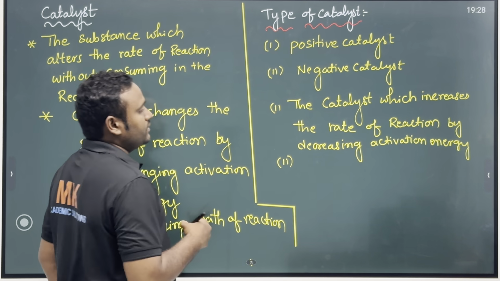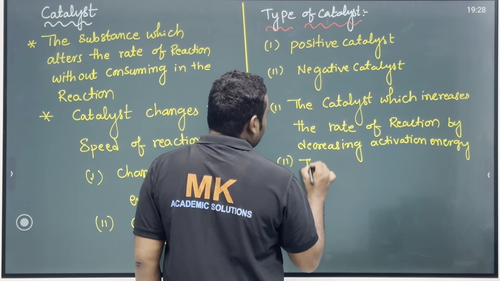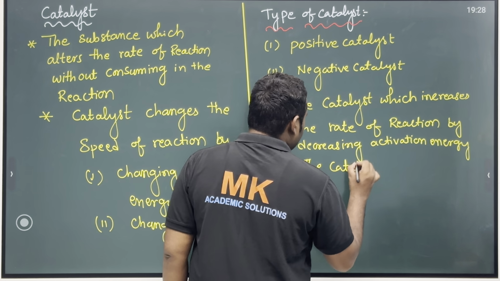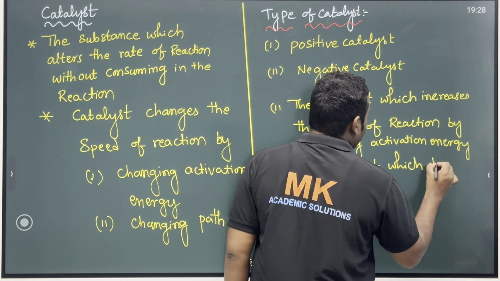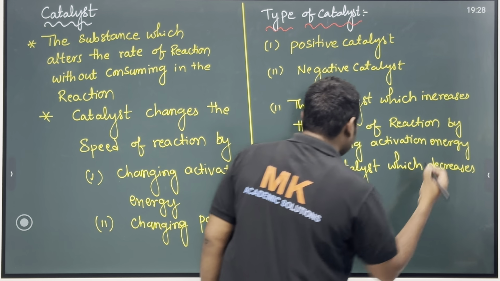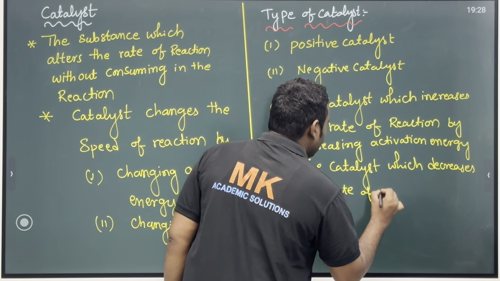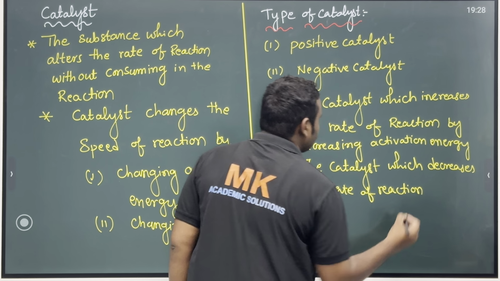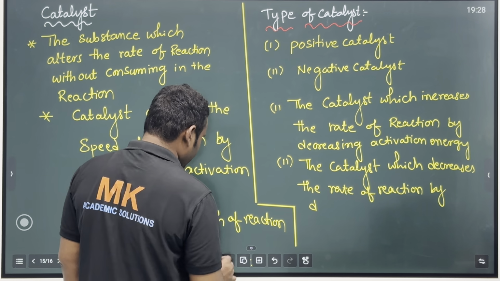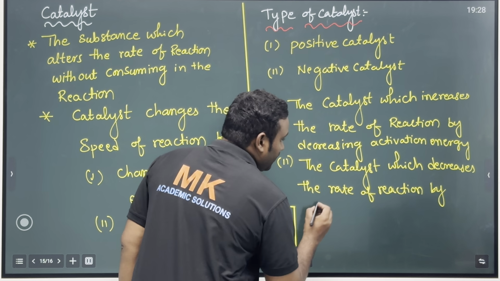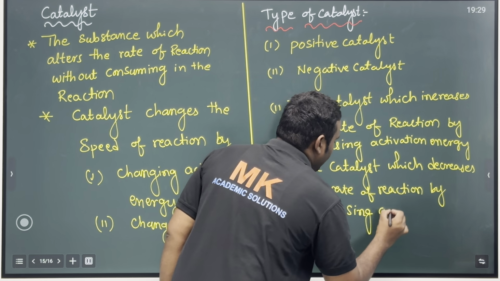And the negative catalyst is the catalyst which decreases the rate of reaction by increasing the activation energy.